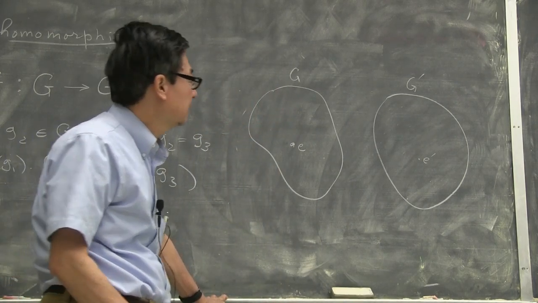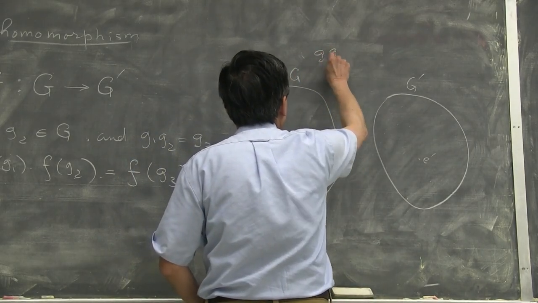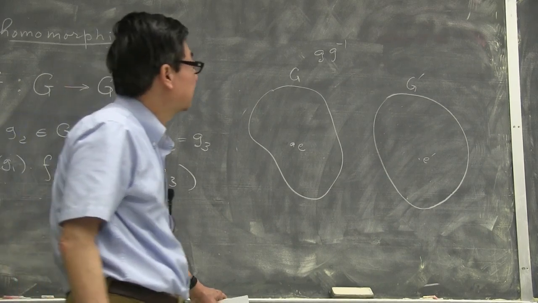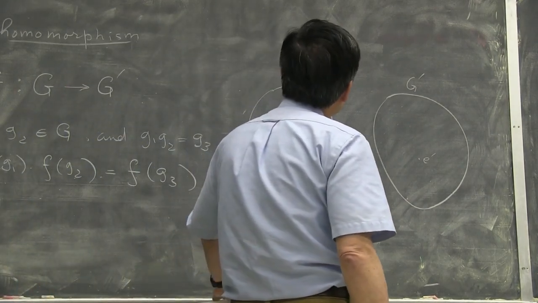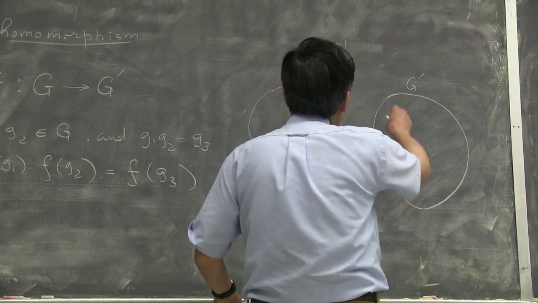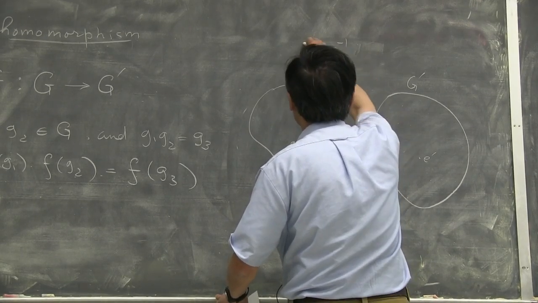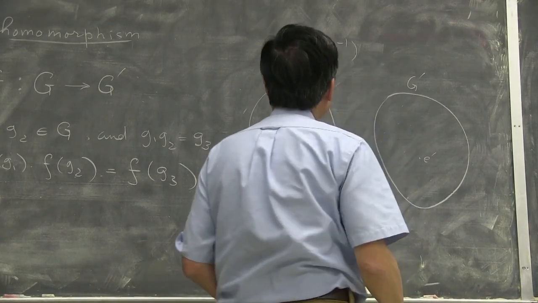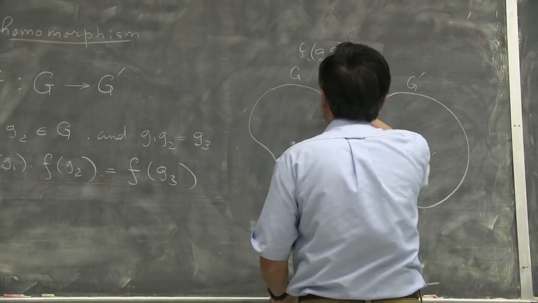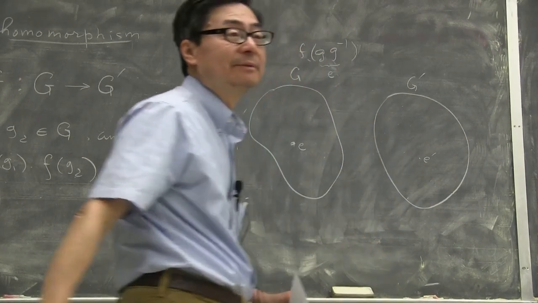So you can always write the identity as some g times g inverse in this group. You ask the question, what does this get mapped to? If f is a group homomorphism, now g times g inverse is always equal to e, right?